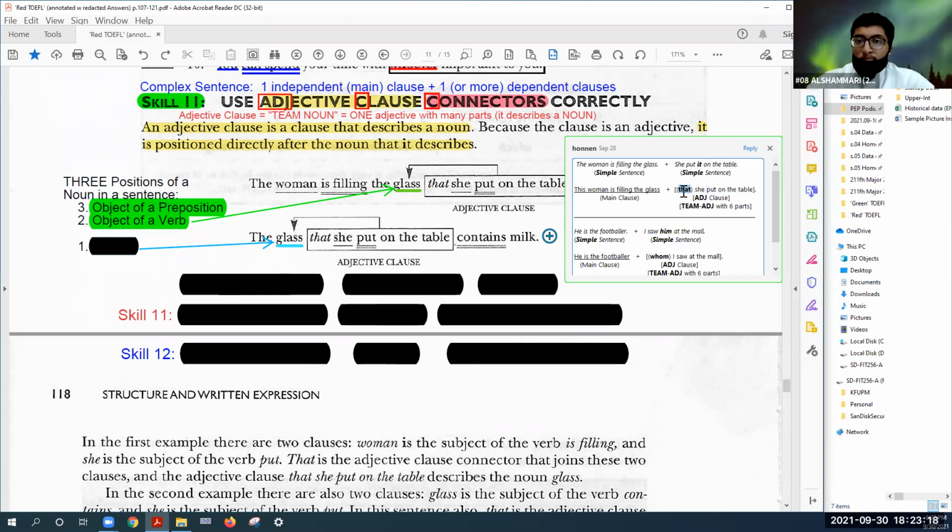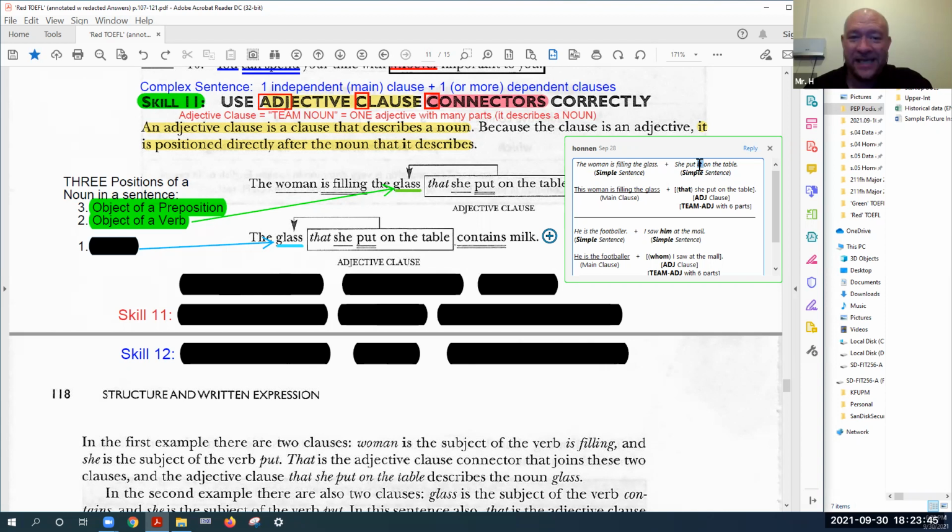What about this word here? Connector. So what happens? We deleted it. Well, instead of delete, what do we do? Replace it. You understand? We replace it.